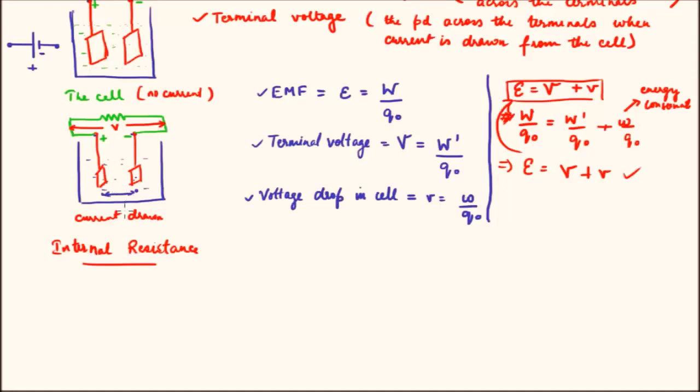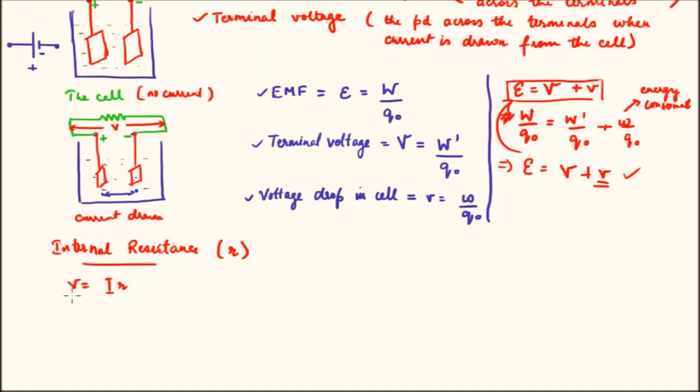Now if the internal resistance of the cell is small r, then this potential difference V can be written as I times R. This is from Ohm's law, where I is the current which is flowing through the circuit. So if I current is flowing through here, the same current needs to flow through here for the circuit to be complete.